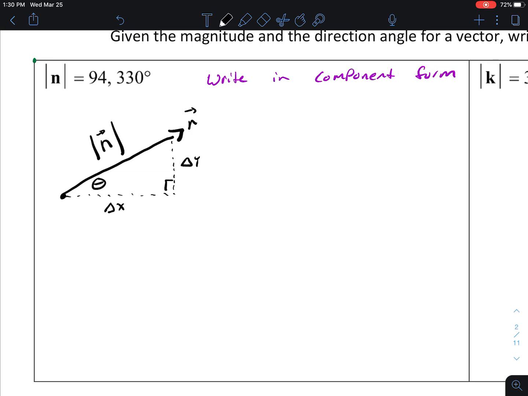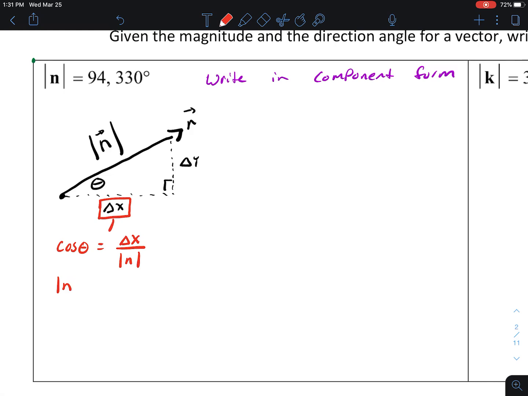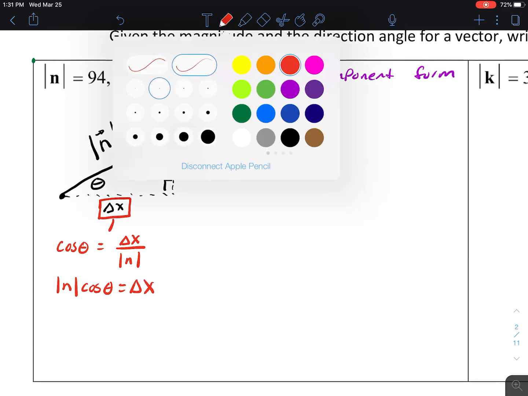Well, if I apply my right triangle trig rules, I could rewrite change in x using the cosine function, where cosine of theta is equal to adjacent over hypotenuse. And if I multiply the magnitude of n times cosine of the direction angle, that is equal to the change in x.